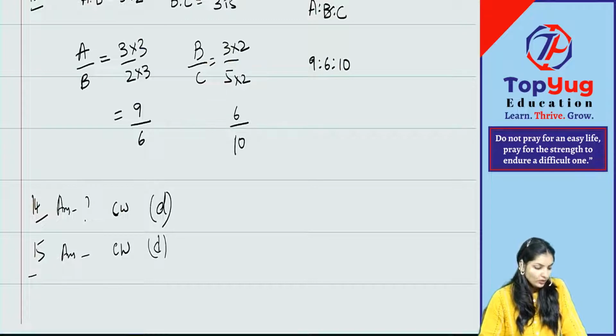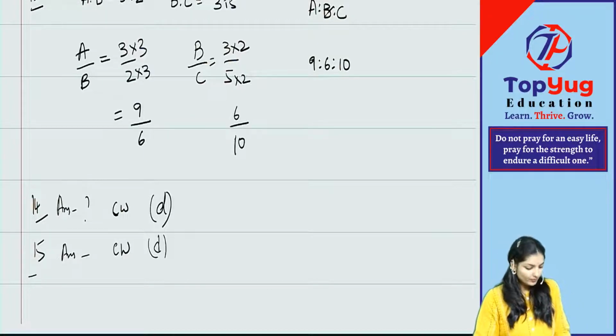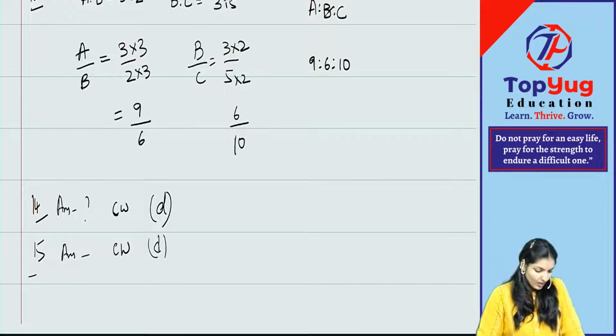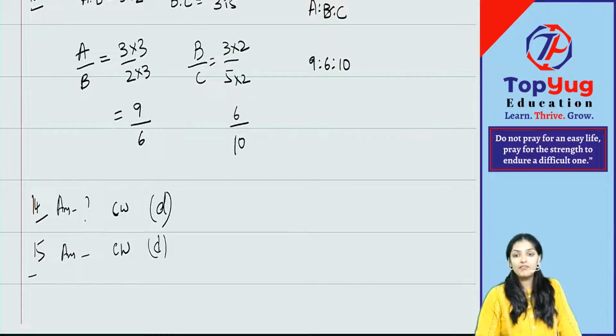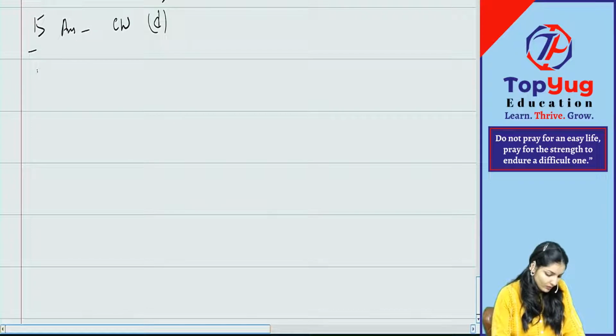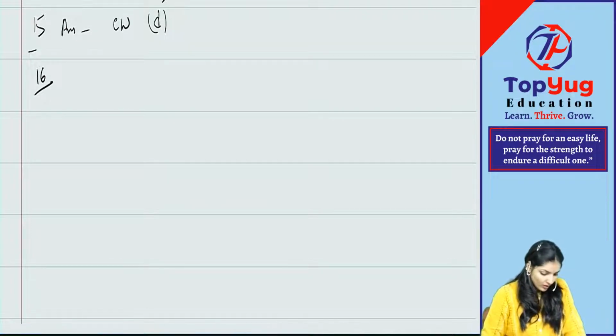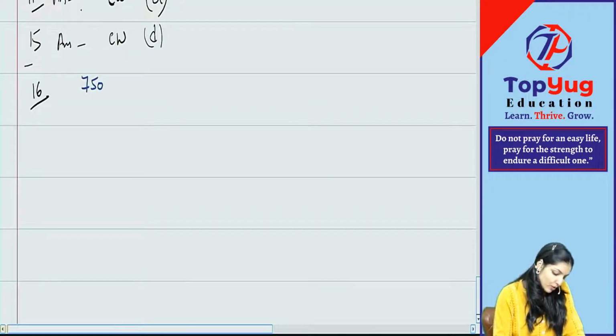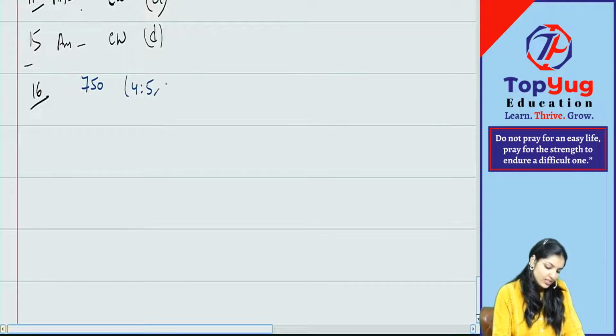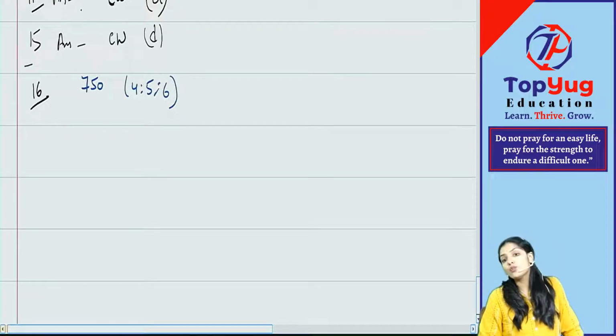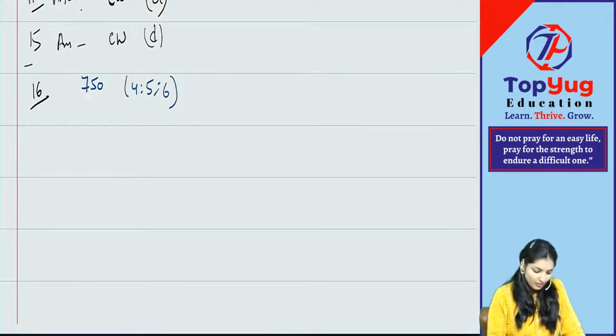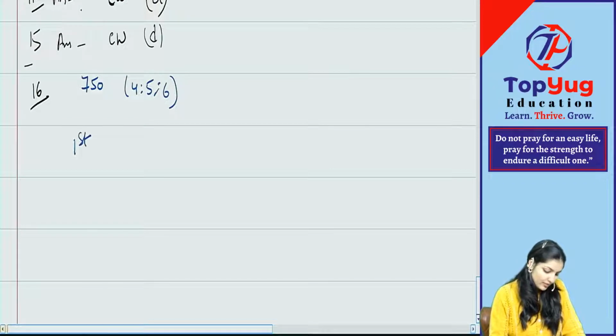Chalo, 16th one now. Shall I start? Division of 750 into 3 parts in the ratio of 4:5:6. So guys, yesterday I gave you a formula: particular term divided by sum of the terms. 3 parts means first part, second part and third part.